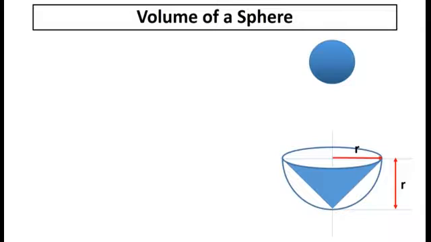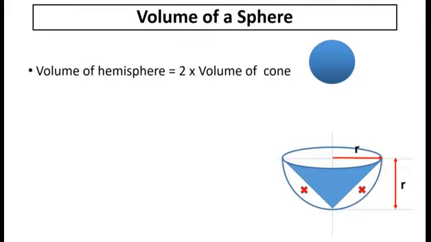It has been observed that this cone does not occupy the complete space of the hemisphere. However, when two cones have been used, the complete space of the hemisphere has been filled. With this, it has been concluded that volume of hemisphere is equal to 2 into volume of a cone.